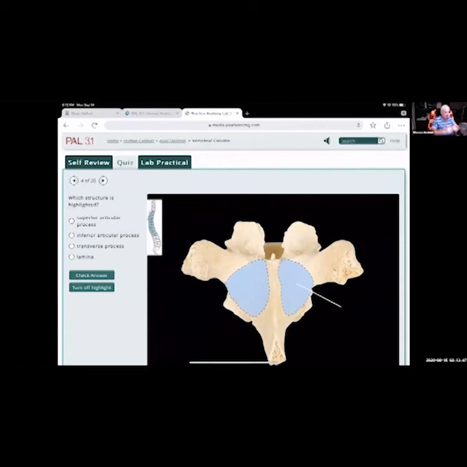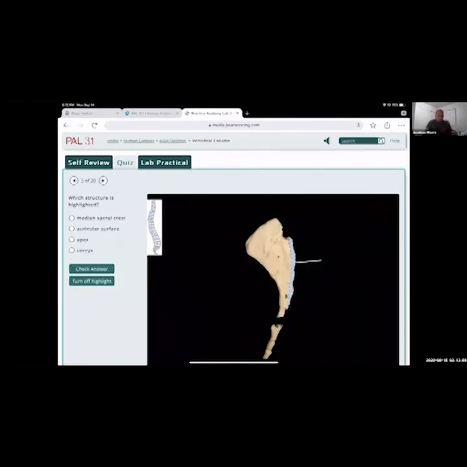What's highlighted there? Lamina. That I would say would be the lamina. Got it. Number 5. Okay. First of all, what bone is this? Sacrum.